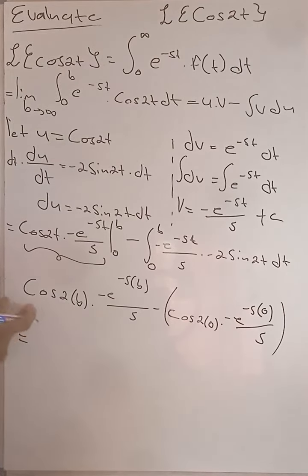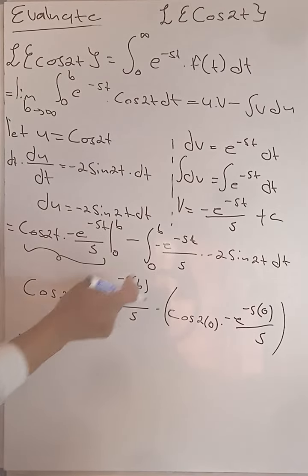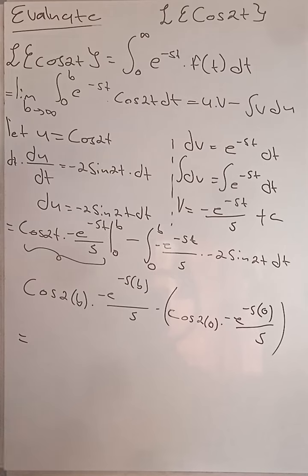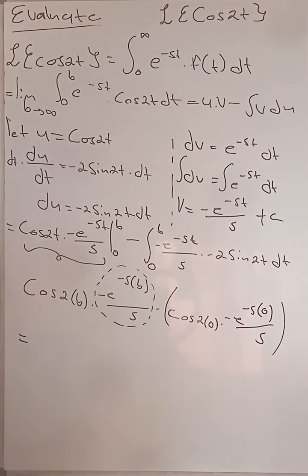So we don't care what cos of infinity is, but we understand from our first session that when b approaches infinity, this whole thing is 0. So 0 times cos is also 0. So here it will just give us 0.